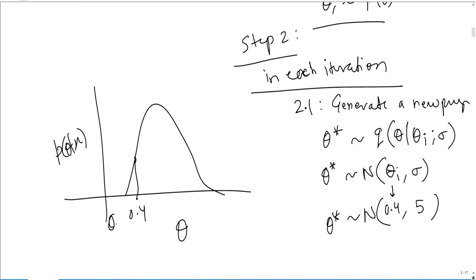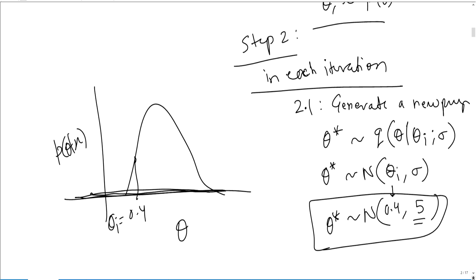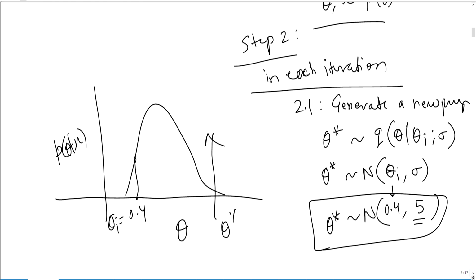This is your theta I. If you generate from this particular density with mean 0.4, the current state of the chain, but standard deviation of 5, it can generate a new proposal theta star anywhere in this huge range around the current state of the chain. So let's say the new proposal it generates is somewhere here. Let's say here you get theta star.